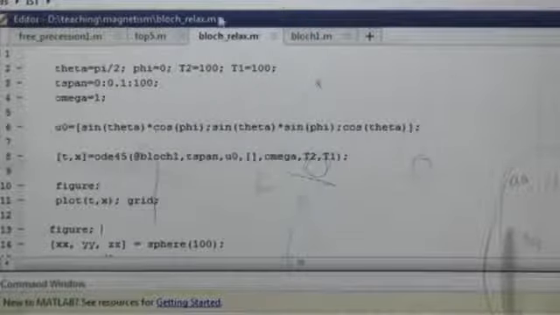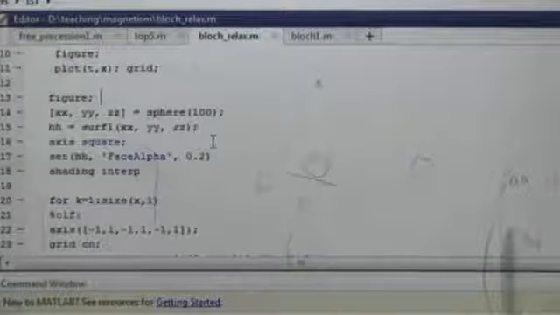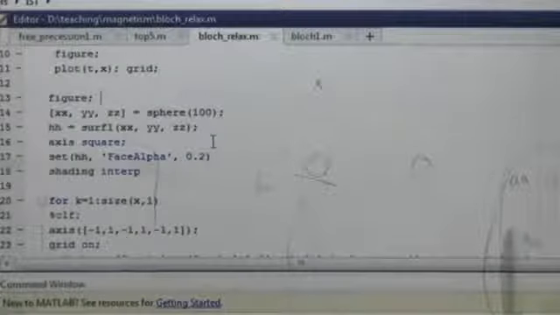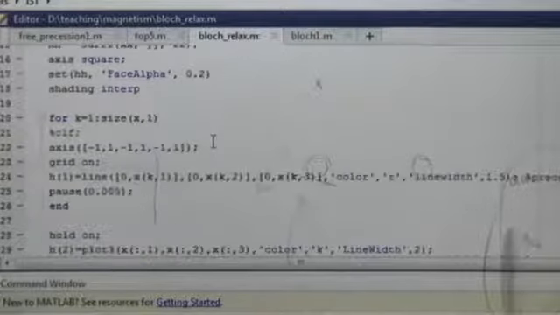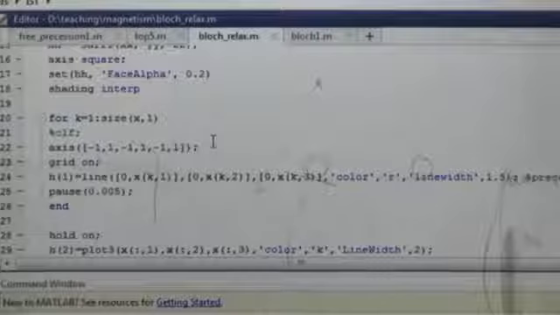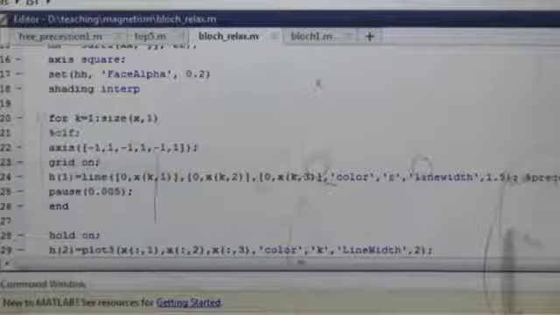In the next part, I make another figure in which I draw a sphere just for easy visualization, and then I plot the magnetization trajectory on that sphere. Okay, so now I'm going to run this code.